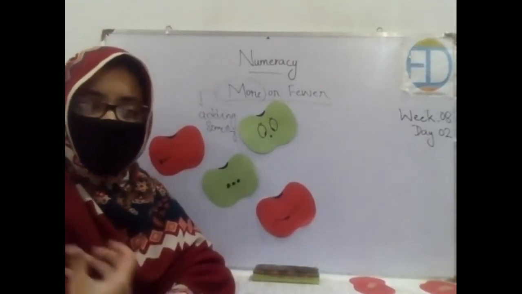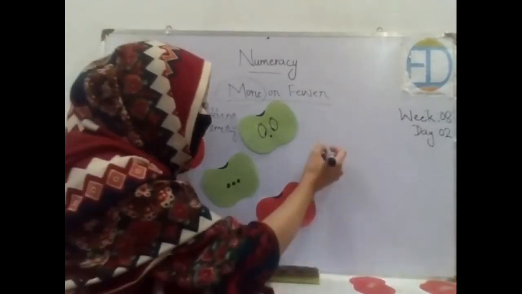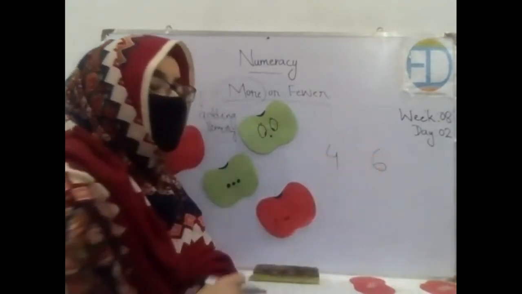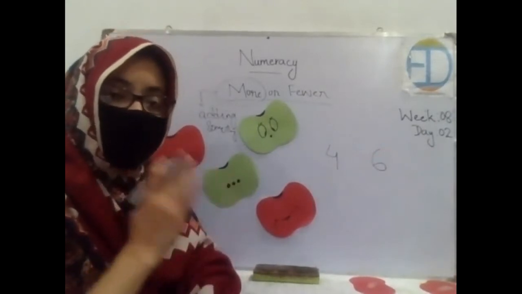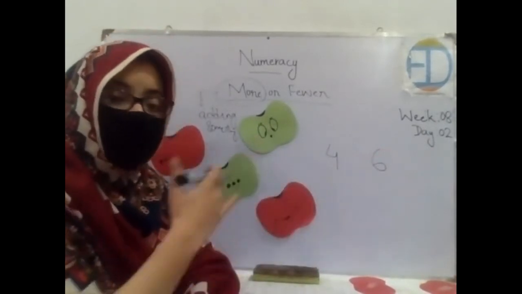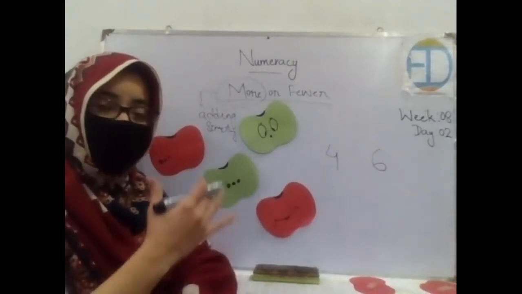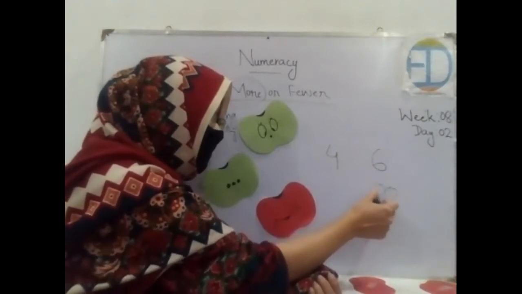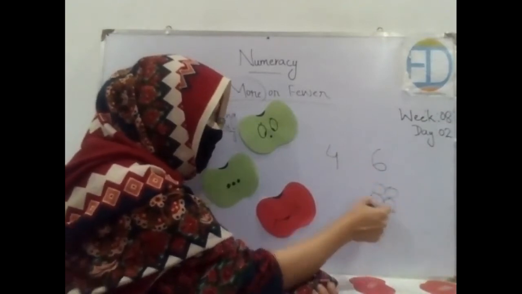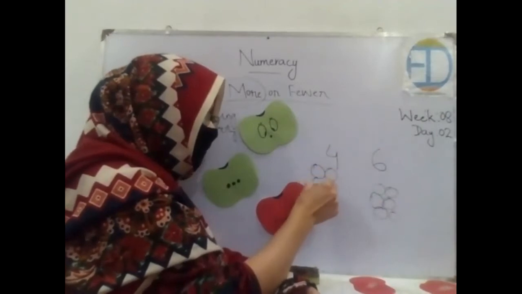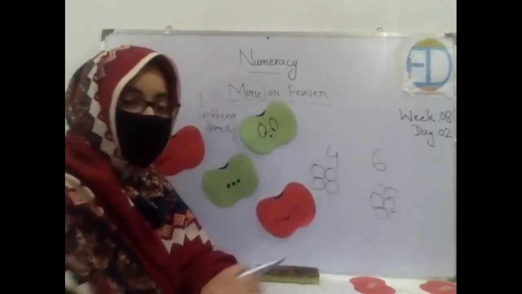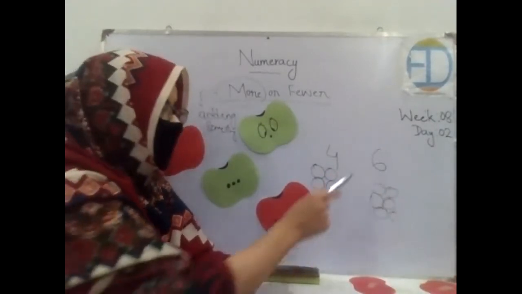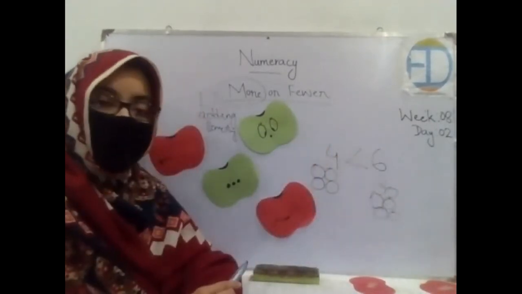Now what is the greater than or less than concept? Let's say we have two numbers, one is 4 and the other one is 6, right? Now, one number is greater than the other number. Why? Because let's say by 6 we mean this boy has this many balls, and by 4 this boy has this many balls. So this number has more value or more items. That is why 6 is greater than 4.